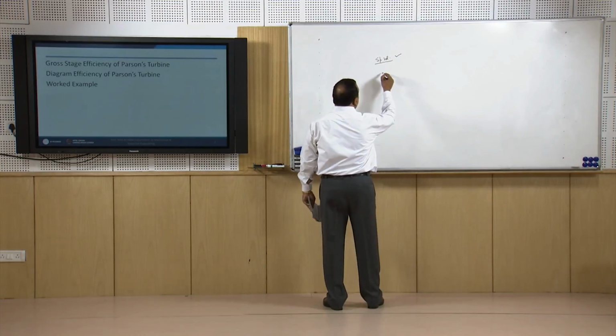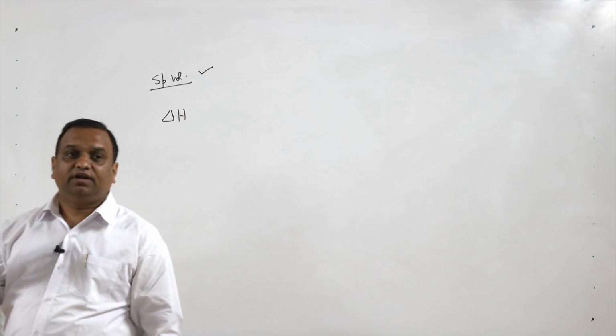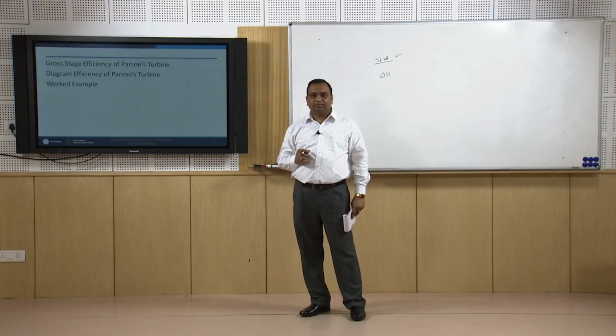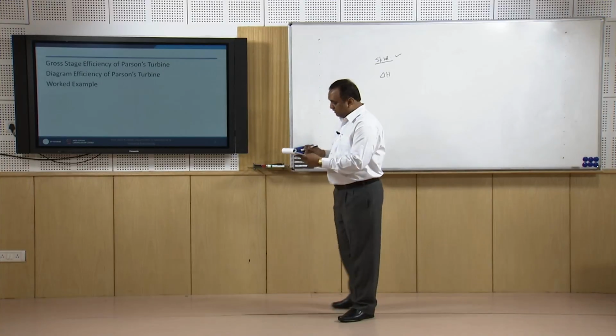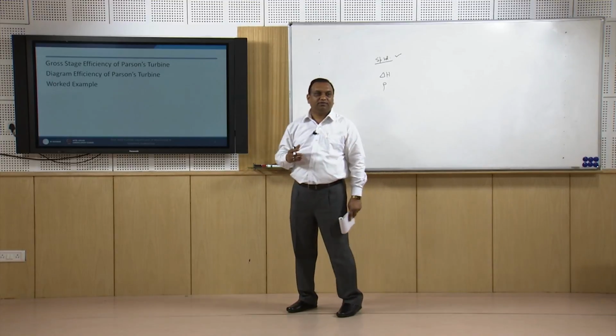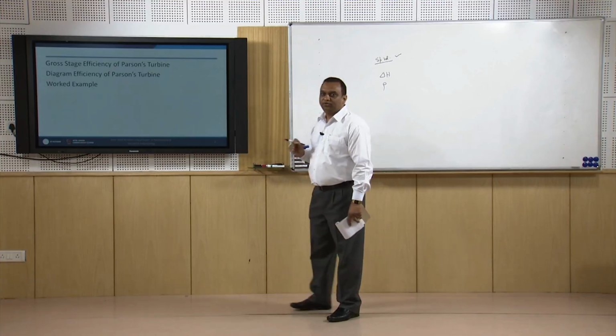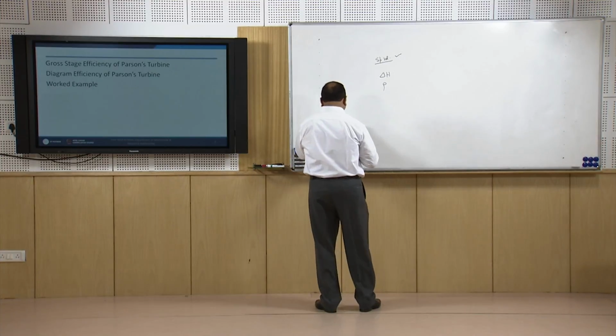Delta H is also not constant in all the stages, mainly it keeps on increasing in subsequent stages of Parsons turbine. The value of rho also does not remain constant for all the stages, and it varies from stage to stage. That comes into the picture when we design a Parsons turbine.